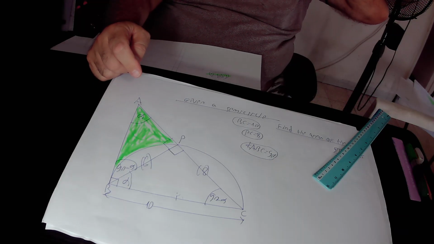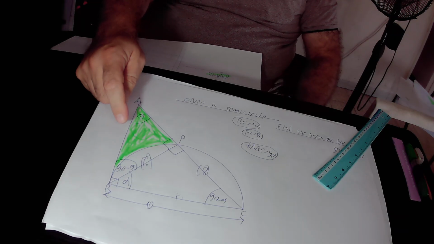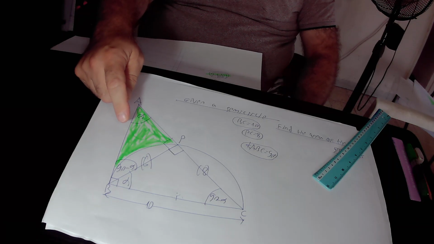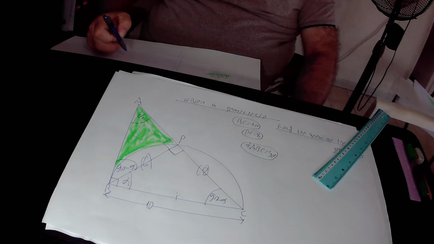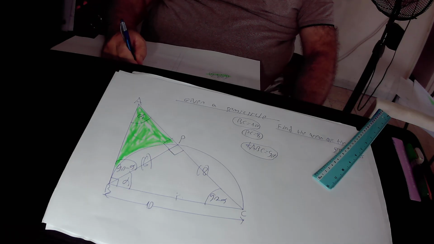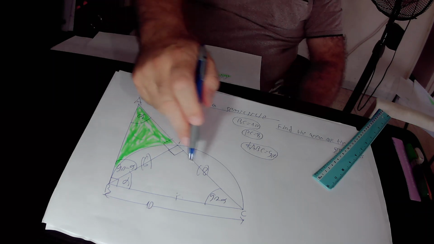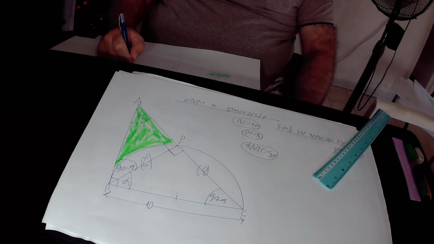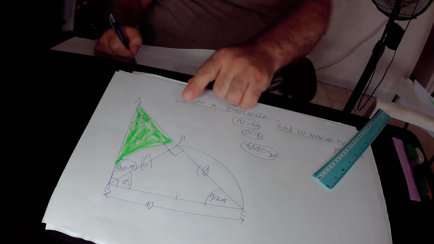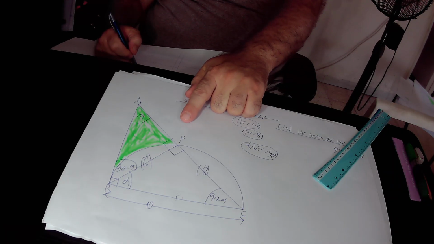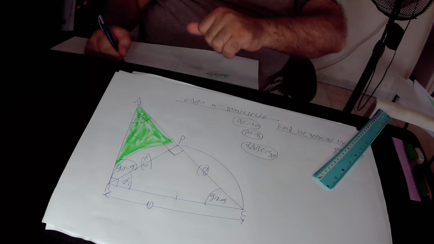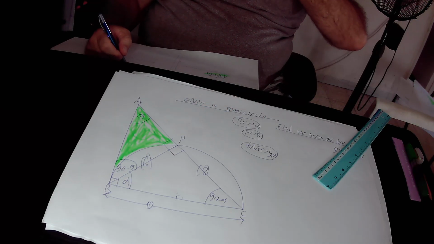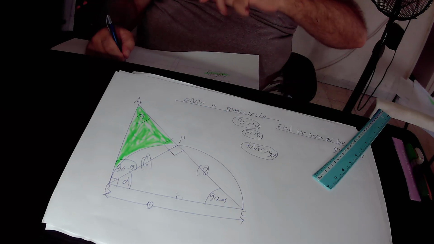We will derive that side AB of the right triangle APB over side BC of the right triangle PBC is equal to side AP of the right triangle APB over side BP of the right triangle BPC.